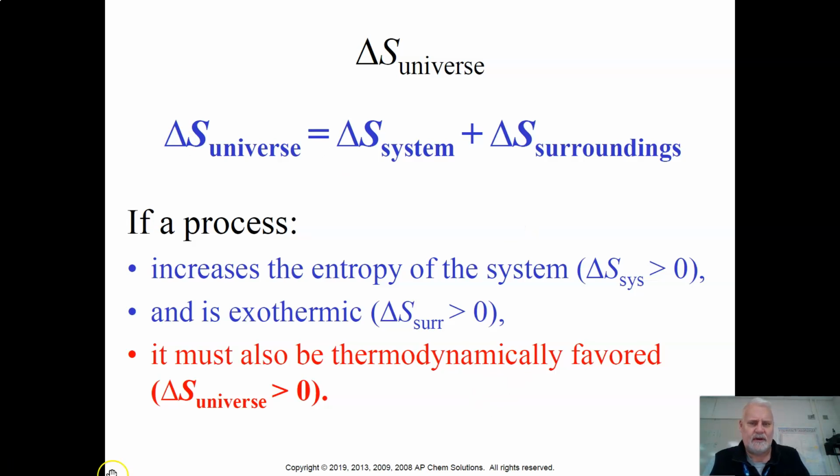So just circle this whole slide and say this is for the universe. It gives you the equation review, reviews this increase in entropy, and exothermic would also tend to favor that. And it must also be thermodynamically favored for the delta S of the universe to be greater than 0. Okay?